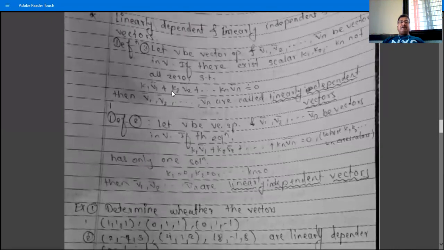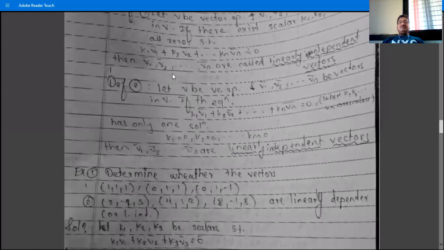If k1, k2, ..., kn are not all 0, then they are linearly dependent. And if all are 0, then they are linearly independent.